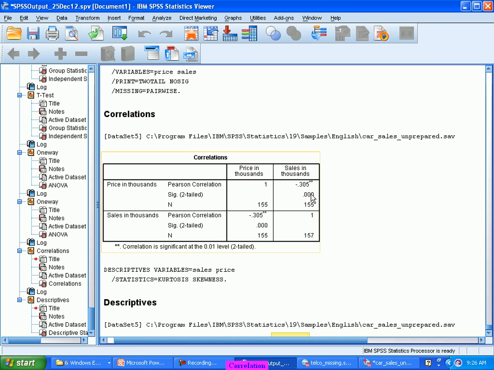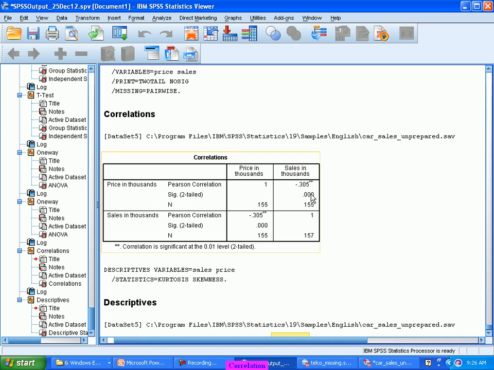So we are saying weaker. As long as something like 0.6 or 0.7 is there, we say it is stronger. If it is minus 0.7, I'll say strong negative correlation, or 0.6, 0.7 positive, a strong positive correlation. But otherwise, weak negative, weak positive.